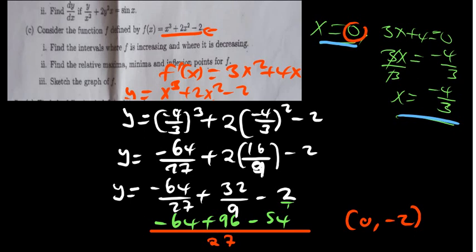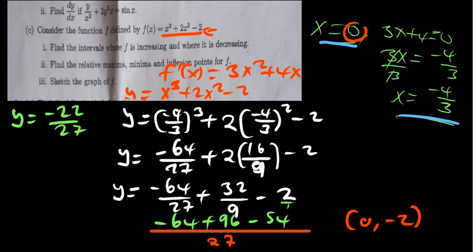What will be our answer? So we have negative 64 plus 96, then minus 54. I'm getting negative 22. So my y is equal to negative 22 over 27.